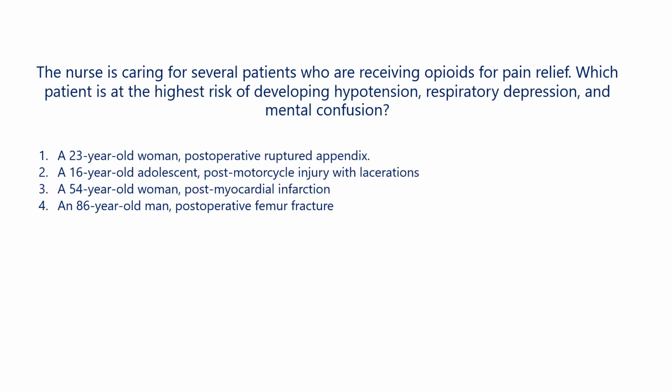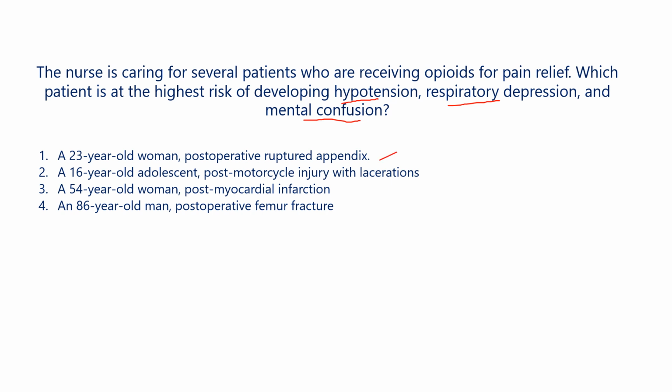All right. One more question. The nurse is caring for several patients who are receiving opioids for pain relief. Which patient is at the highest risk of developing hypotension, respiratory depression, and mental confusion? Number one, a 23-year-old female post-op ruptured appendix.